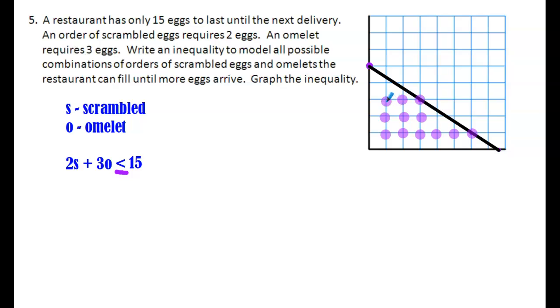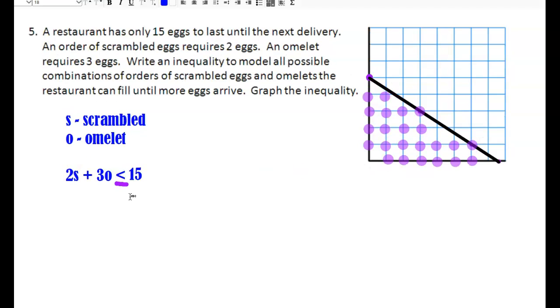So this one is a little unique because you can't fully shade this because again, we know we can't have odd servings. So that kind of leads us into discussing the domain and range.